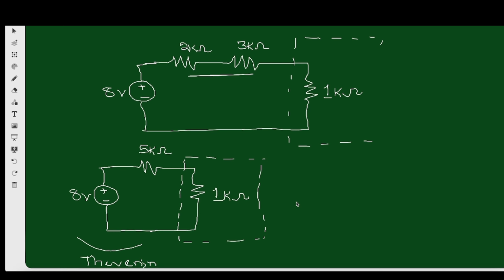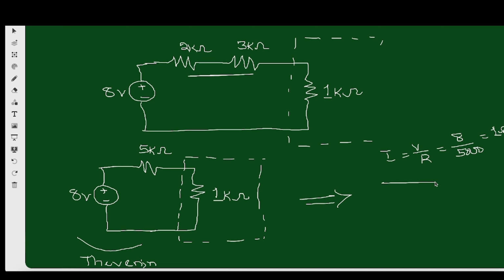Thevenin. So if you are to convert that to Norton, what do we have? Source transformation, that is I is equals to V over R, which is what? 8 over 5,000. So what does that give us? 1.6 milliamperes. Right?